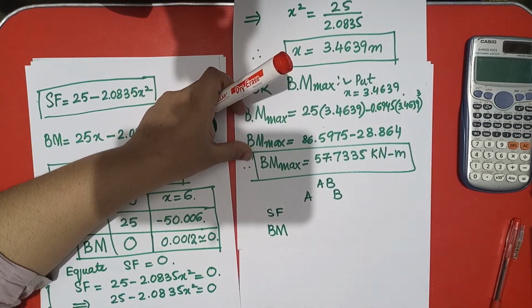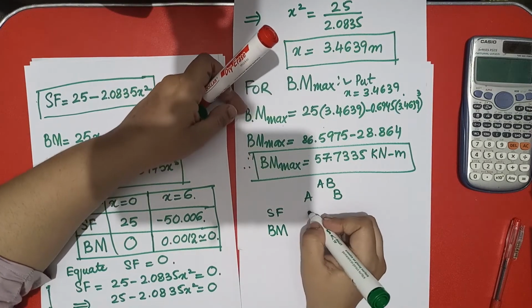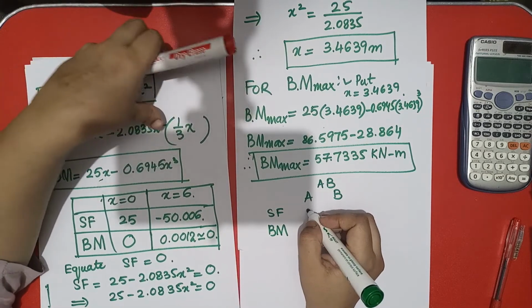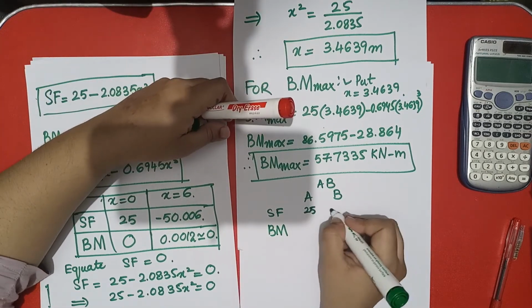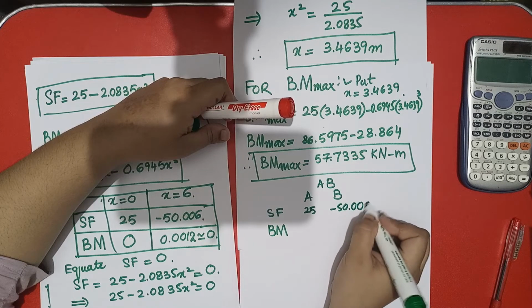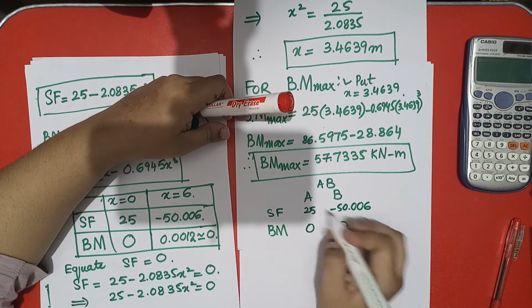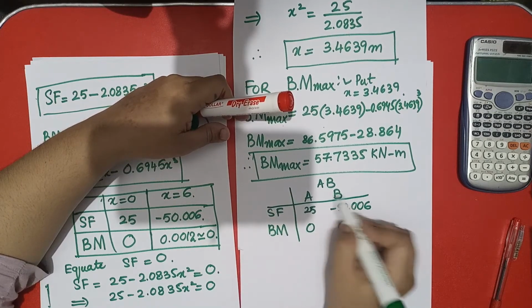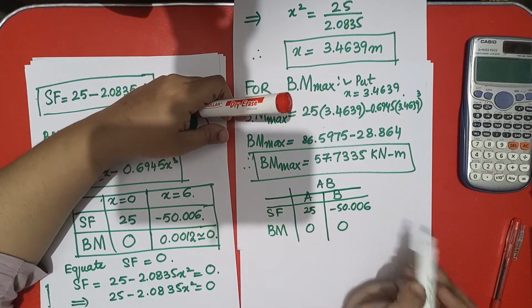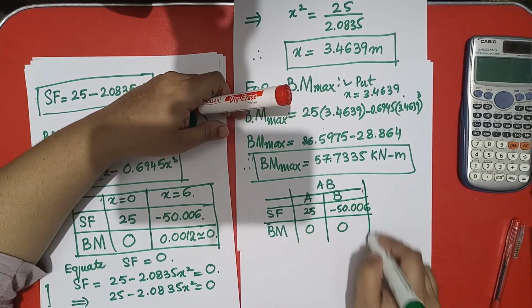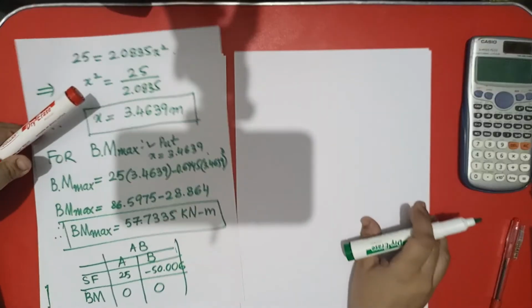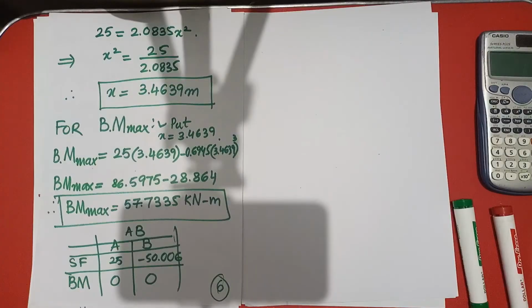The value of shear force here is 25, and this will be minus 50.006, and there is 0 and 0. So this is this one. So let's see, we have to draw the shear force and bending moment.